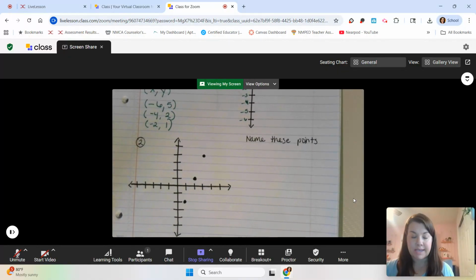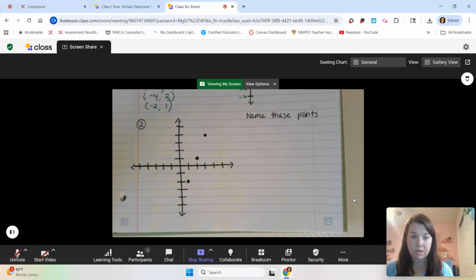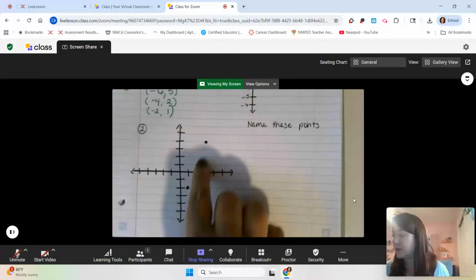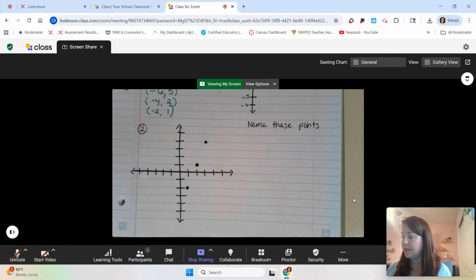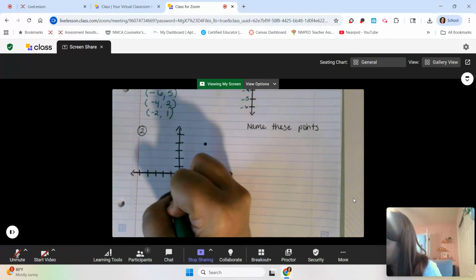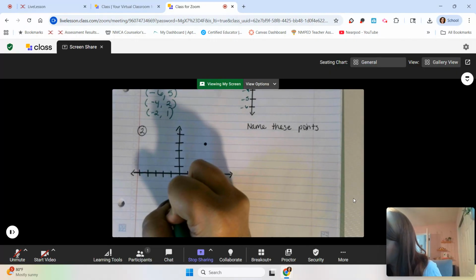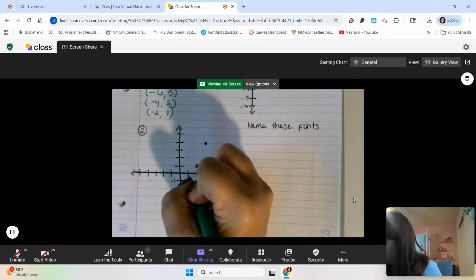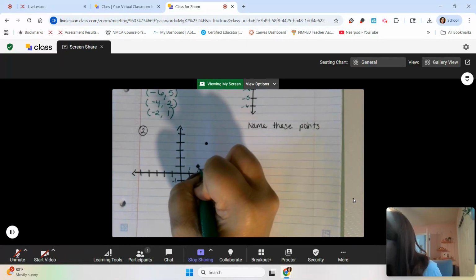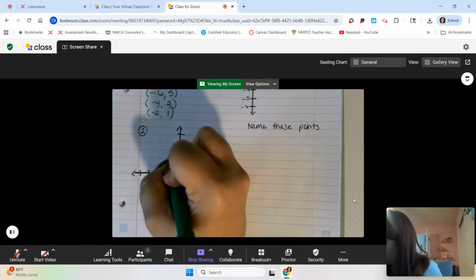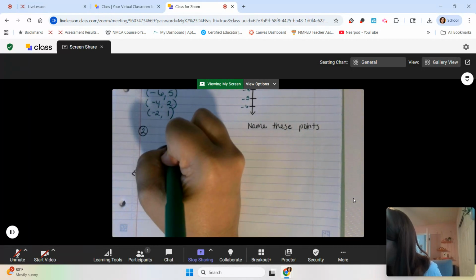On this second example, also taken from your practice, it says name these points. So here's my points that I have on here. And again, we could put the number values on these little tick marks on the graph to help us. We have positives going up.